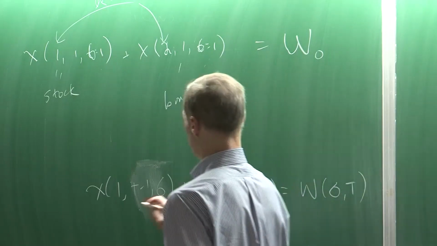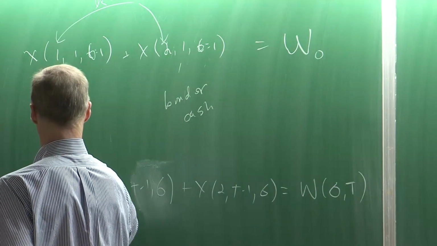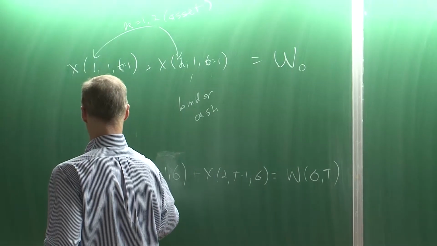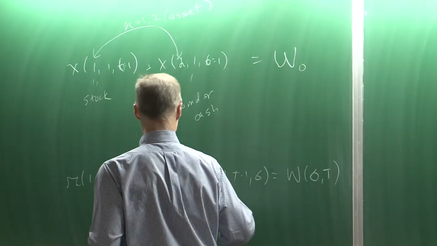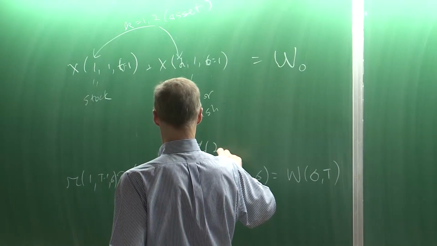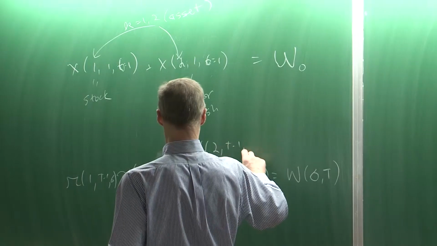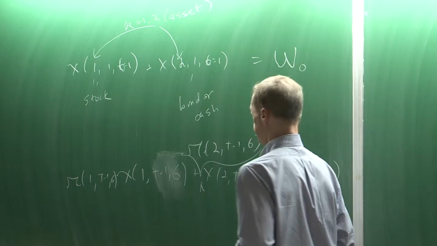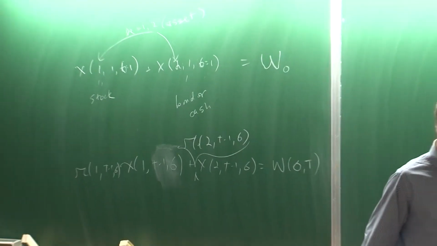All right, this is the return. So this would be the return of asset 1, T minus 1 and sigma. This is the return of asset 2, T minus 1, and sigma, like that. Okay.